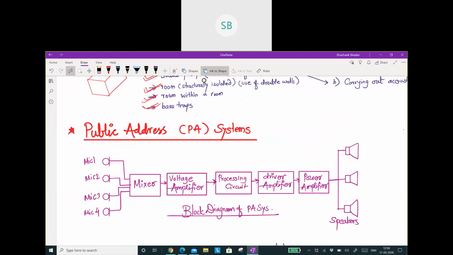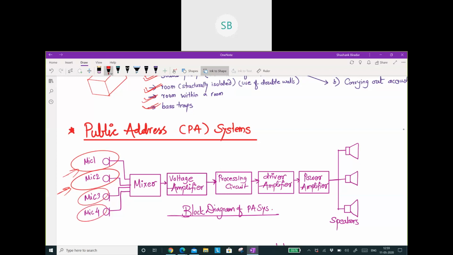For example, a certain announcement is being made, and at that time certain music is being played. The music is given to mic 1, the announcement is given to mic 2, and if you want a few more things from other sources, you can utilize mic 3 and mic 4.